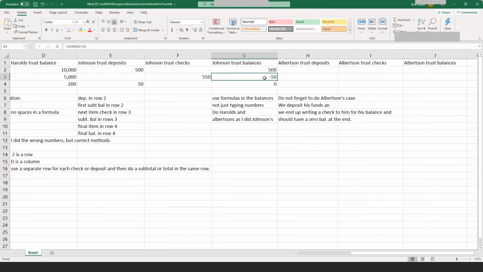What is wrong with a negative balance? How can we have a negative trust balance? Well, we can't allow that.